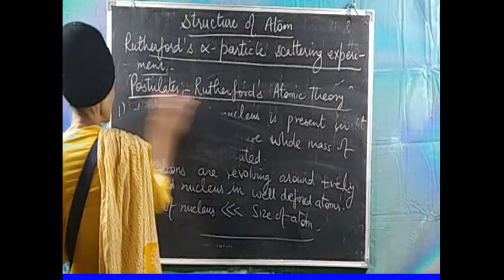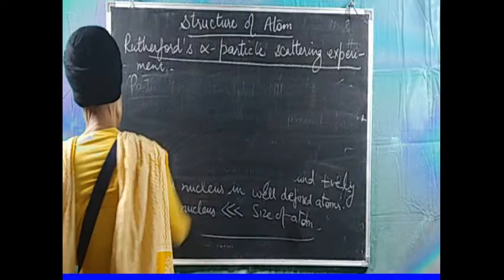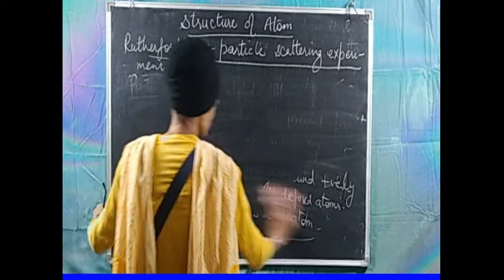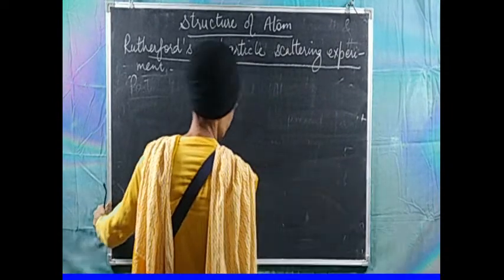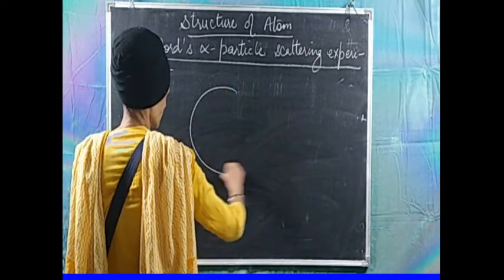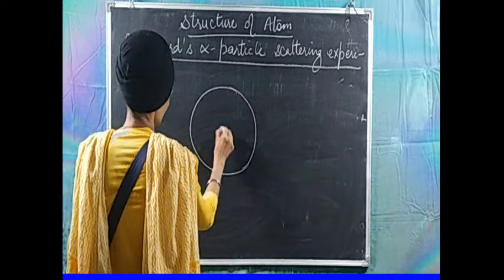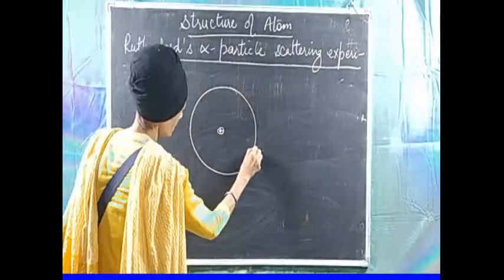So we also know that electron is a charged particle of very small size. Whenever a charged particle moves in circular orbit and it's in motion, it gets accelerated. You know that circular motion is always an accelerated motion.